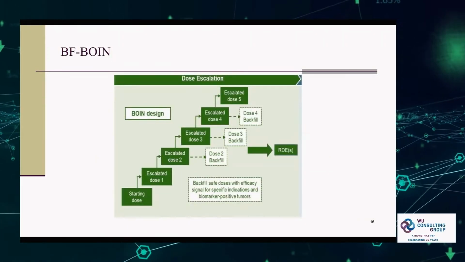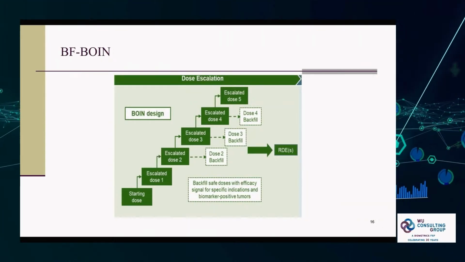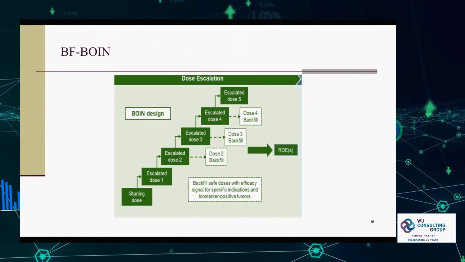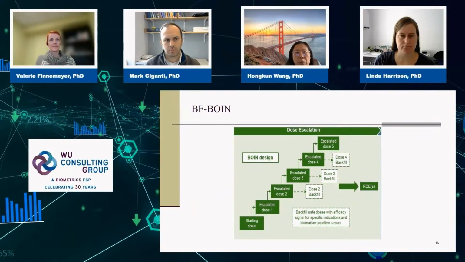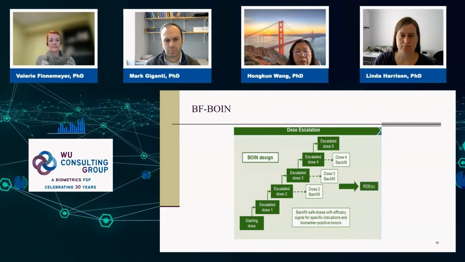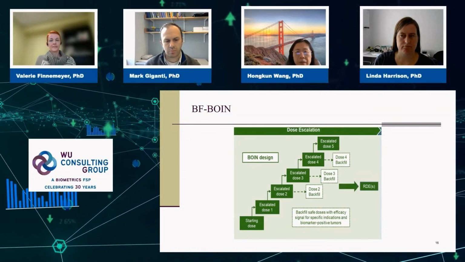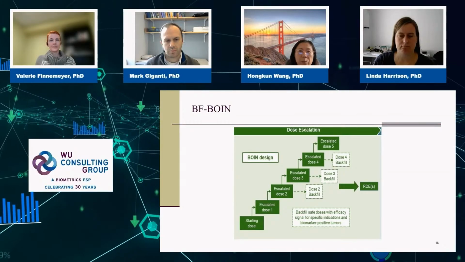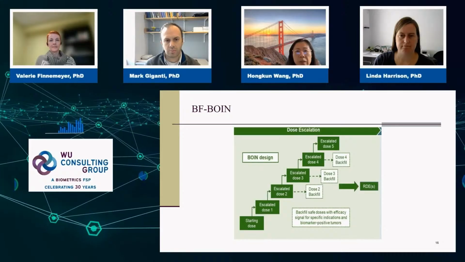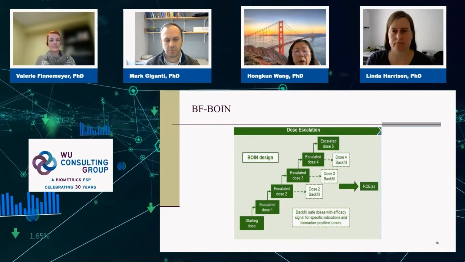Nowadays, because of the advance of biology work, people would like to find more information specifically per dose level. Now the BOIN design has migrated to the backfill BOIN design. People would like to see, okay, at a particular dose level, I would like to get more information about safety and efficacy. Then the backfill BOIN design seamlessly incorporates a backfilling cohort into the design and tries to look at specific indications and biomarker-positive tumors.